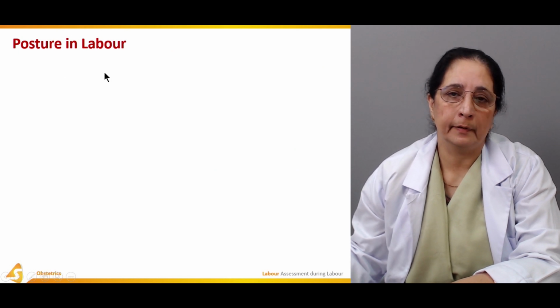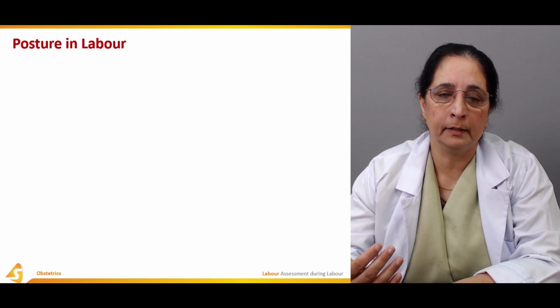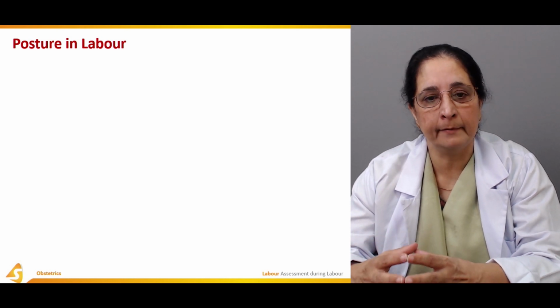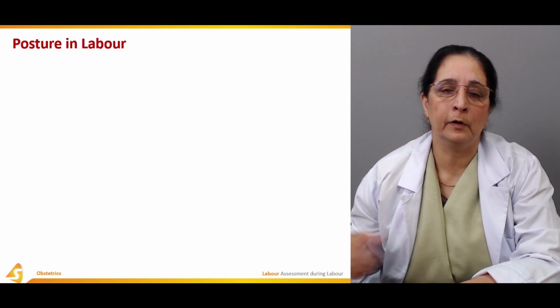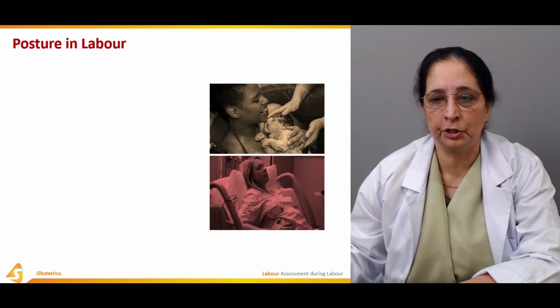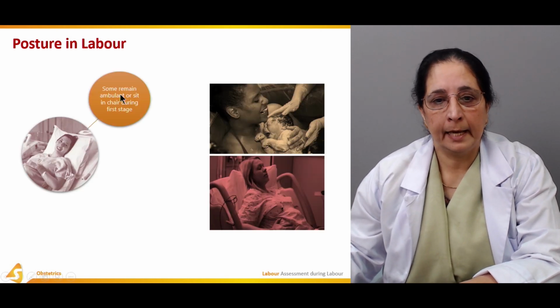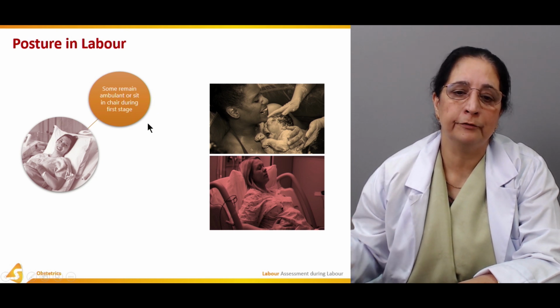Posture in labor. So we should have a comfortable posture for the pregnant women, depending on what posture is more comfortable or more helpful in the process of the labor. So posture can be some remain ambulant or sit in chair during first stage.